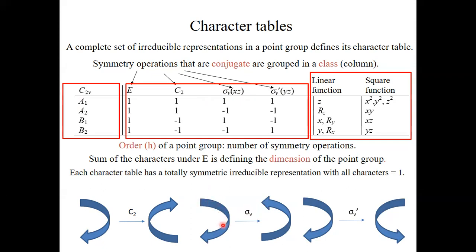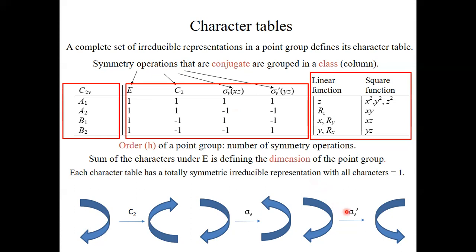We have again here our original vector, but if we now reflect at a mirror plane which stands within the board plane or within the paper plane, then you see that the resulting vector changes its direction. It now rotates counterclockwise. So it has reversed the direction, which is associated with the character of -1.